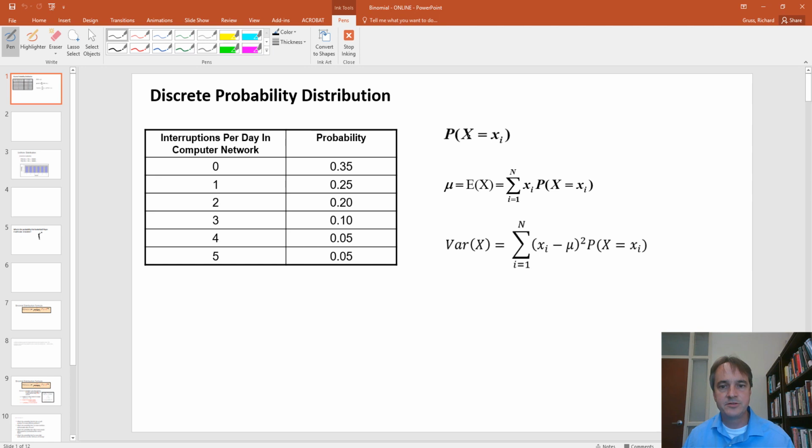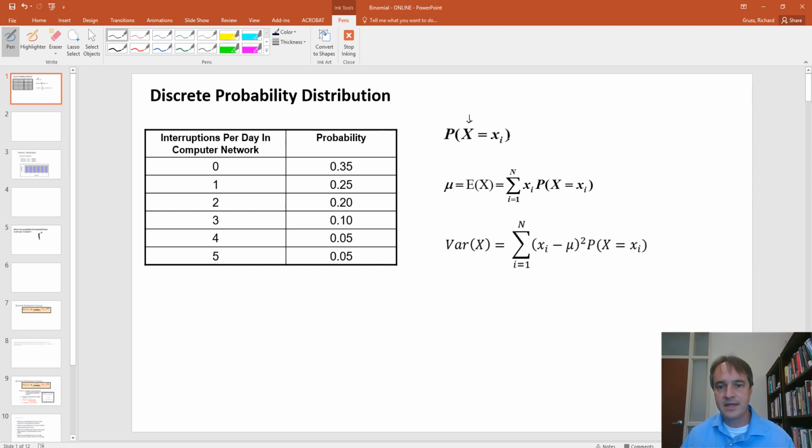First, we were able to just get a probability of observing a certain value. So remember that the uppercase X is the symbol for the random variable. In this case, the random variable is the number of network interruptions per day.